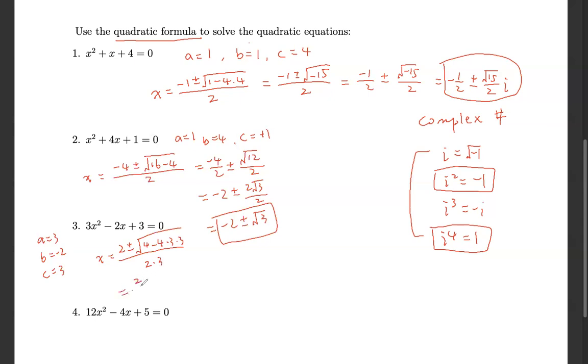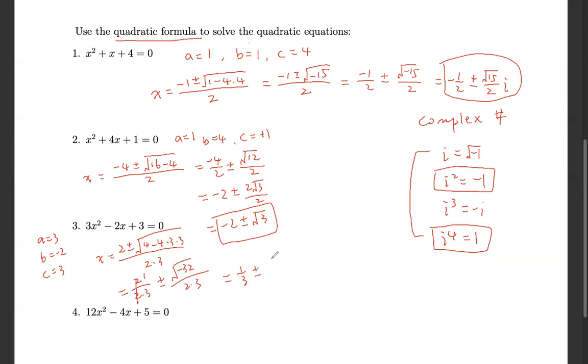So we split 2 divided by 2 times 3, plus minus square root, let's see, 4 minus 4 times 3 is 12, 12 times 3 is 36, 4 minus 36, negative 32, divided by 2 times 3.